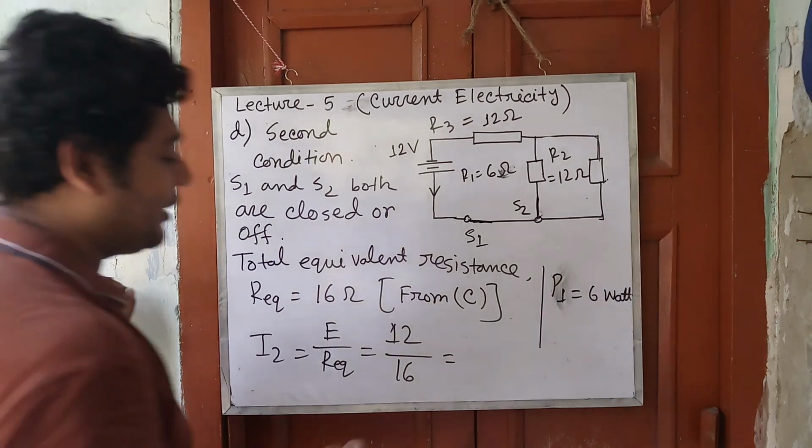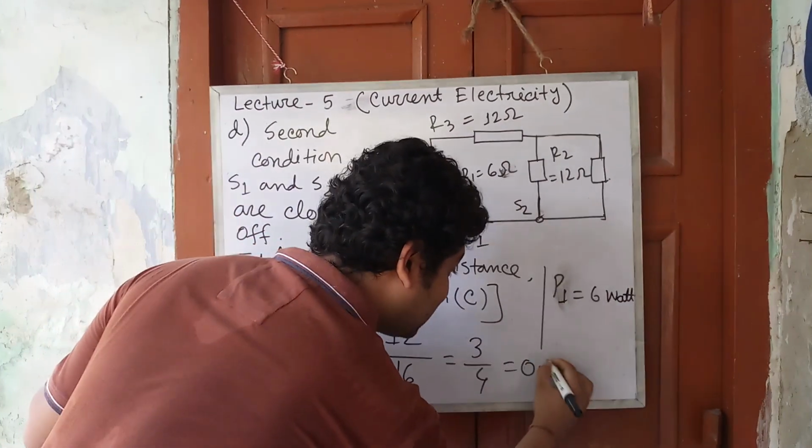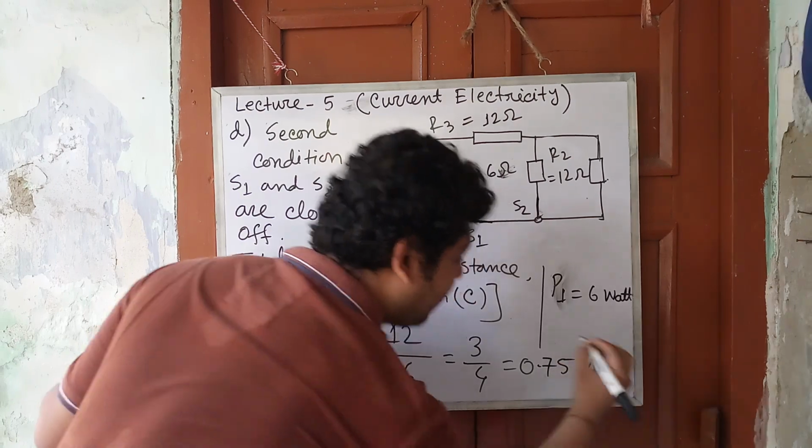Then we can write 3 by 4, which is 0.75 amperes.